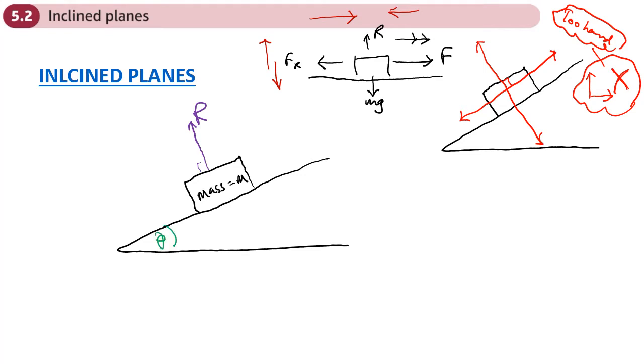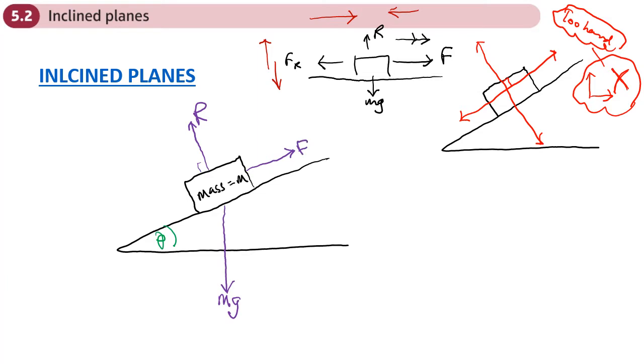Now, how about the weight of that mass? Well, the weight will still point down. It's still going to be pointing this way, always. And let's say that we've got some sort of force pulling it up, like that.